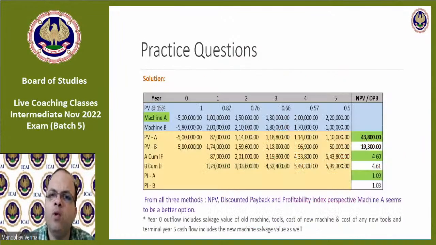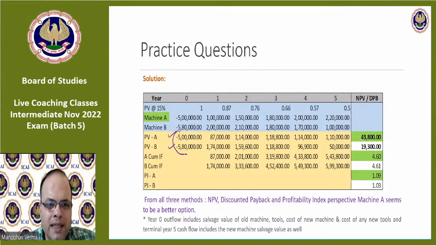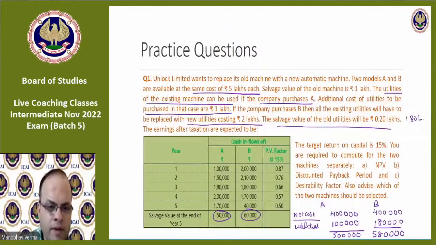So let's quickly have a look at some of the calculations here. Now that everyone is okay that we get 5 lakhs and 5 lakh 80,000, this part is taken care of. Everything else is given in the question, right? If you see the cash flows which are given, like 1 lakh, 2 lakhs, so cash inflows are already given to us. Am I correct? However, in the year 5, do not forget to add the salvage value. So for machine A, it is 2 lakh 20,000.